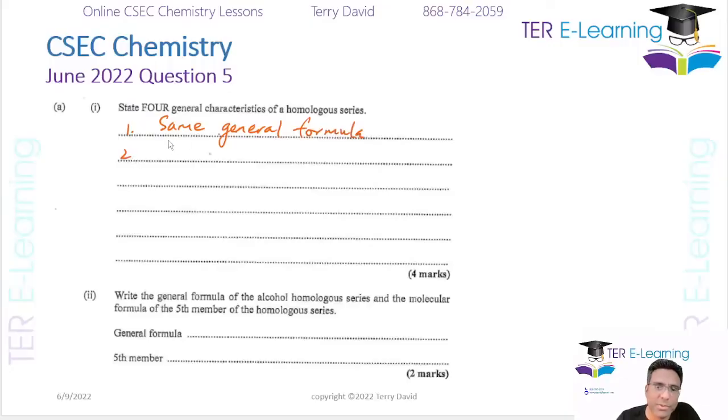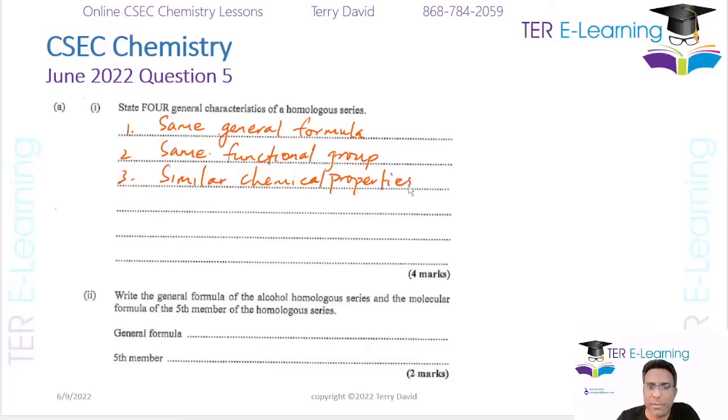Right, 2, same functional group. These are easy 4 marks if you did review this. So same functional group. Third one, similar chemical properties. 4, adjacent members differ by CH2, right?